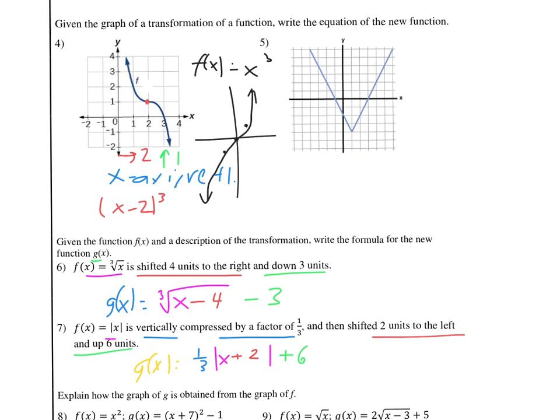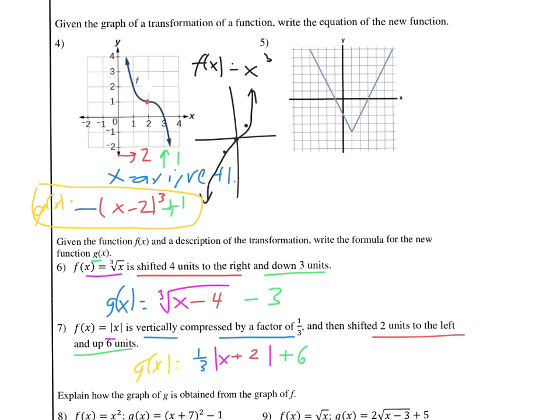Then we have to move it up 1, so we're going to add 1 on the outside. And we have to do our x-axis reflection, so that's going to be a negative out front. So that's going to be my new function: g of x equals, and then I've got my 3 transformations there, the reflection with the negative out front, the x minus 2 on the inside of the cubed, and then the plus 1.